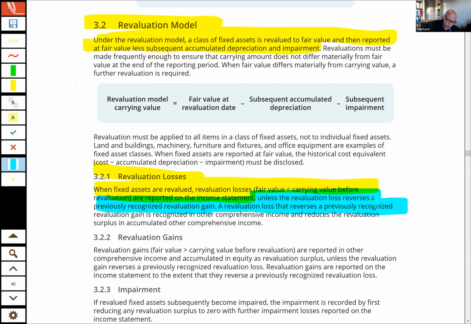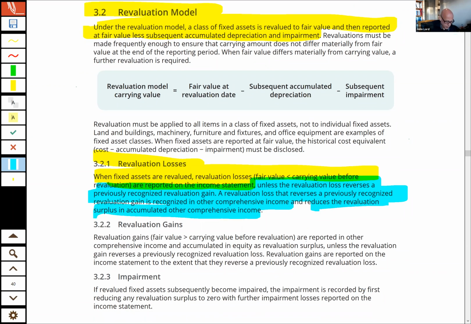So it would first go to the income statement unless there's been some gains in previous periods that are included in other comprehensive income. Take that revaluation loss to the other comprehensive income until you've used all those revaluation gains up, and then revaluation losses will go to the income statement.